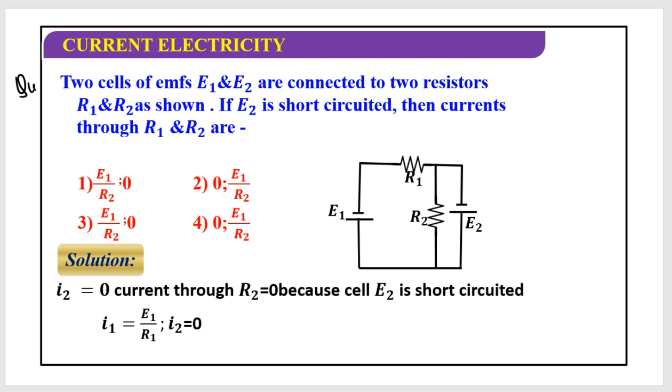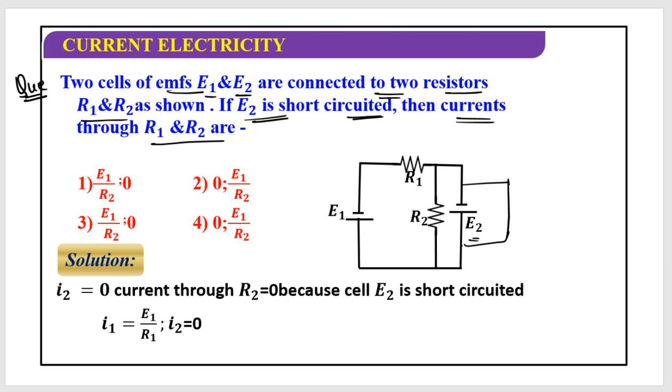What does it say? It says that two cells of EMF E1 and E2 are connected to two resistors R1 and R2 as shown in the figure. If E2 is short circuited, this is being short circuited, that means it must be connected with a wire, something like this. Then the currents through R1 and R2, this is what we require.